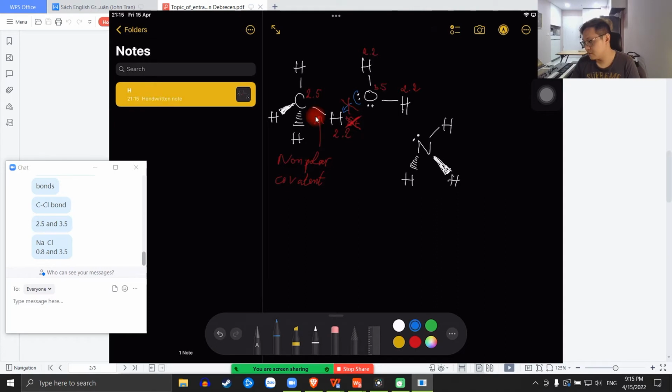The question is, can hydrogen bonds happen between this one and this hydrogen? It can happen because the electronegativity of nitrogen is very high. What's the electronegativity of nitrogen? 3.0. Yeah, it forms a polar covalent bond with the hydrogen, so it can form hydrogen bonds.